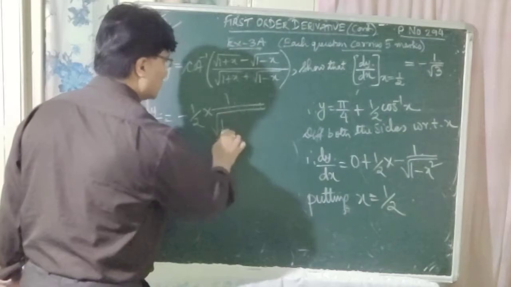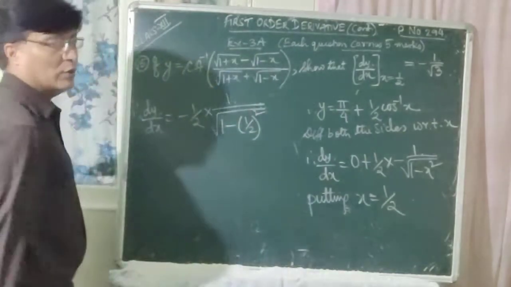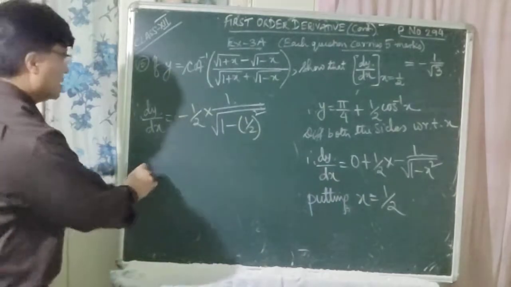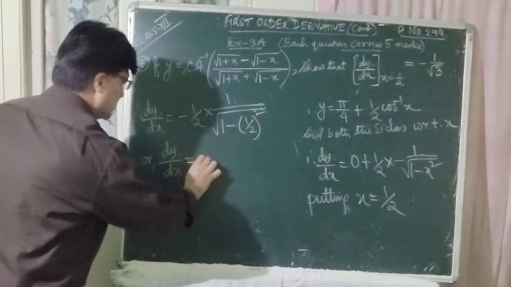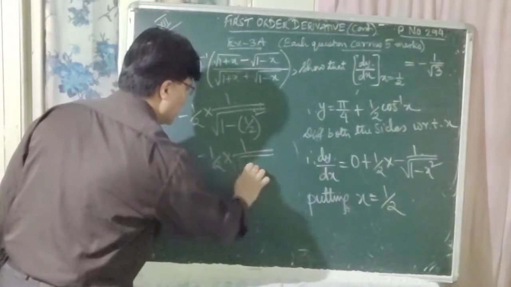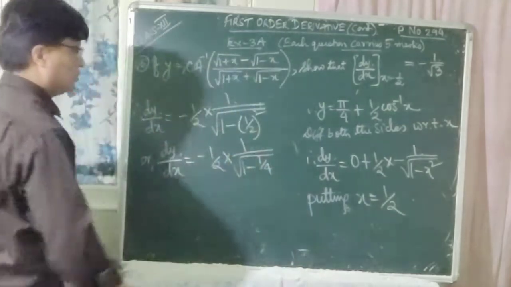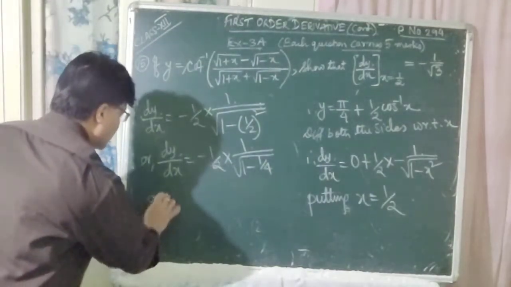So within square root 1 minus, what is the value for x here? It is half whole square, right? So let us simplify it. dy by dx is equal to minus half into 1 upon root over 1 minus 1/4. Is that clear? So now let us simplify it further.